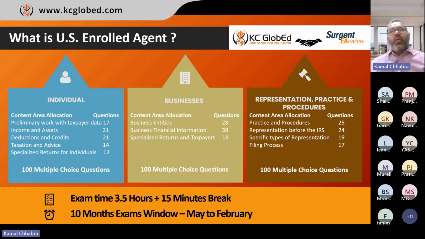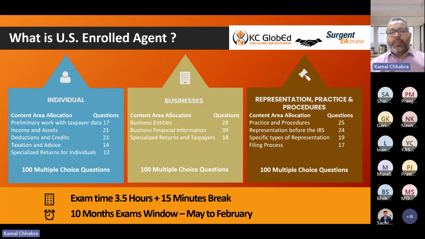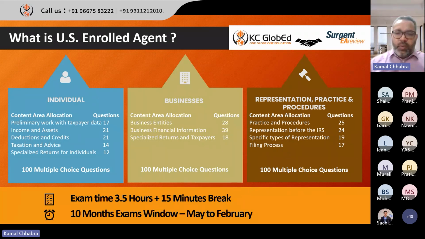So what income is taxable, you'll be understanding. What expenses are allowed, you'll be understanding. How to calculate taxable income, what deductions and exemptions are available, and what tax rates are applicable to the respective category of business. And then what forms need to be filed for the business income tax return. Those all things you'll be learning in the second subject.